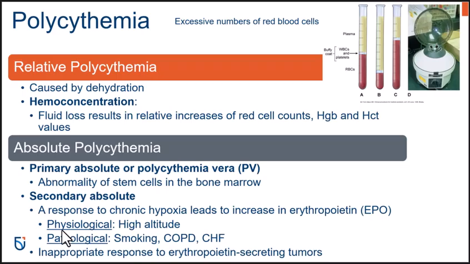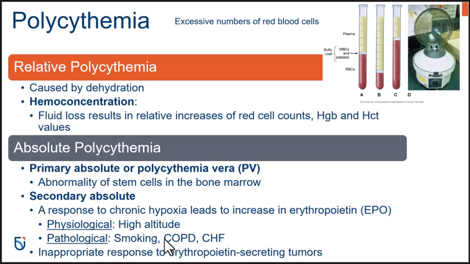Physiologic is seen when people move to places of high altitude where less oxygen is available, so the body responds by producing more red blood cells to try and compensate for that. Pathological causes include smoking, chronic obstructive pulmonary disease, as well as congestive heart failure.